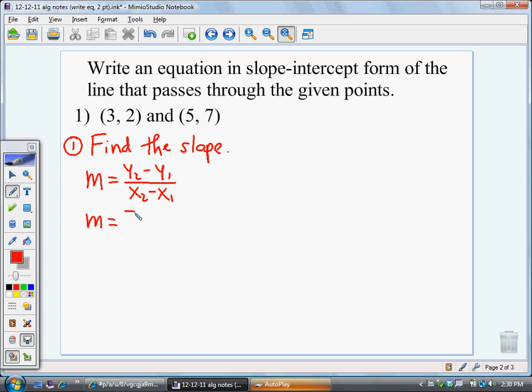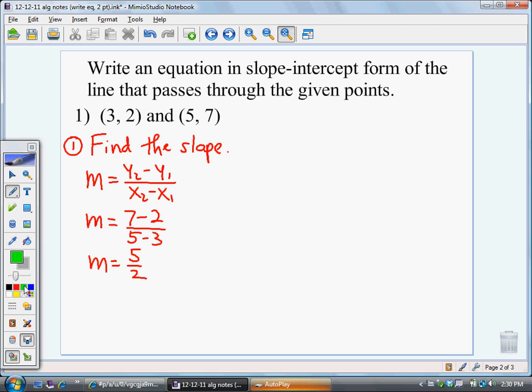And in this problem, you're doing 7 minus 2 over 5 minus 3. And so the slope here is 5 over 2.